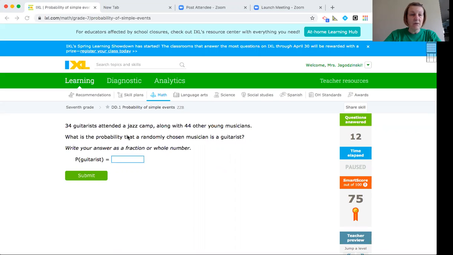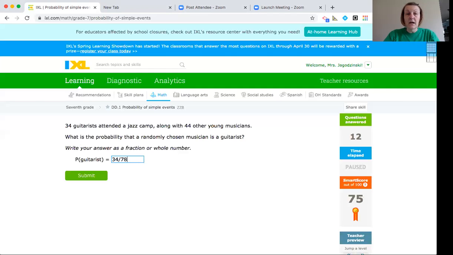So the first thing I'm looking for is guitarist, which is going to be 34. And now what you need to think about is how many total musicians are there. So you have 34 that are guitarists, and you have 44 other young musicians. So you need to add these two numbers together. So 34 plus 44 is going to give you 78.